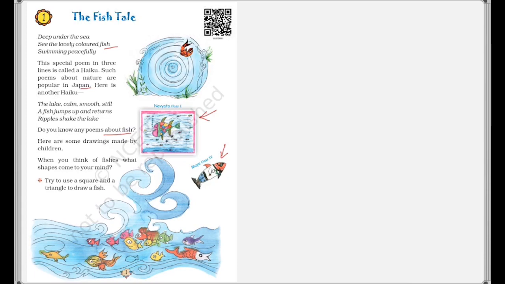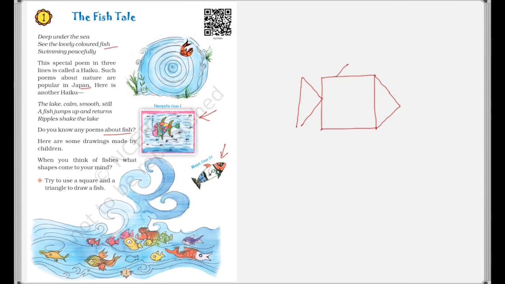Now there is an activity in which you need to try to use a square and a triangle to draw a fish. So we'll try this. Okay, so we need to use squares and triangles. So let this be one square, this be the triangle, and this be another triangle.